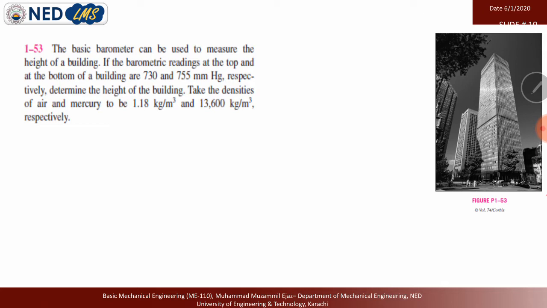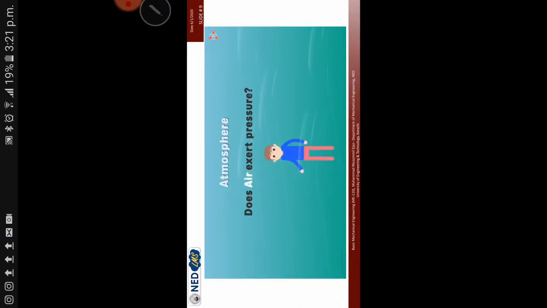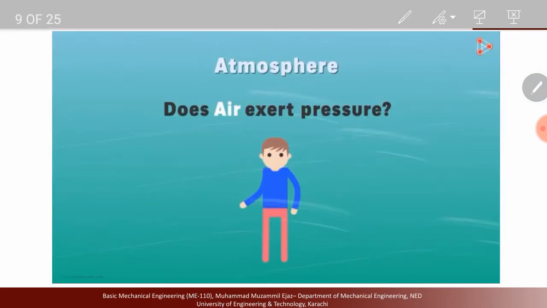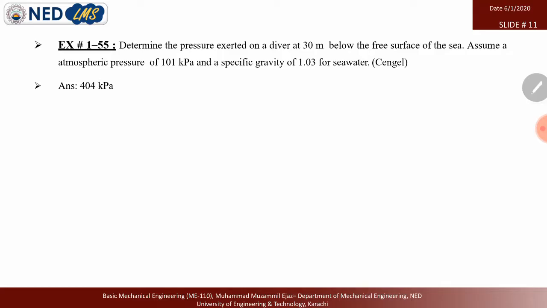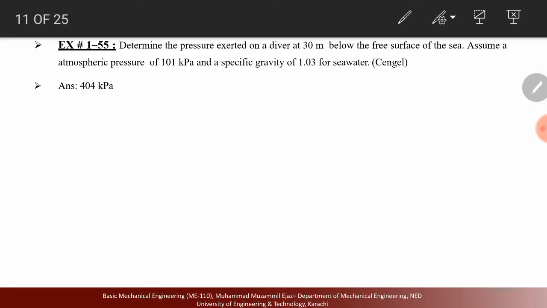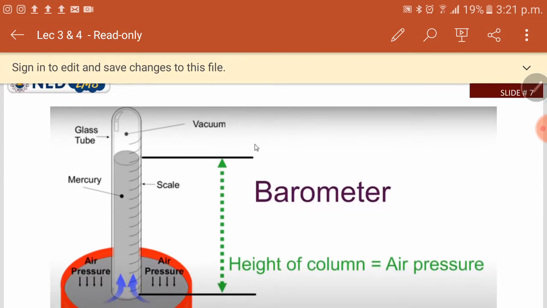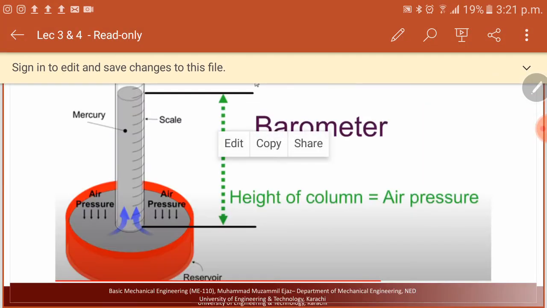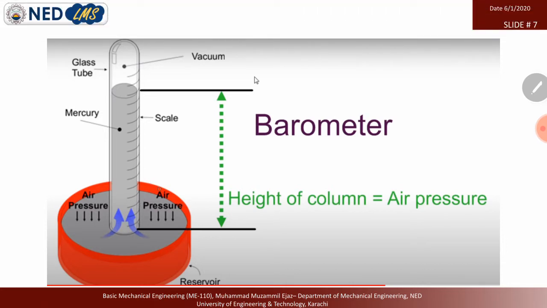We have seen the barometer in the last lecture. Let's end the slide here and go into this. This is the barometer. In the last lecture we already studied that a barometer is used to calculate the atmospheric pressure of air.